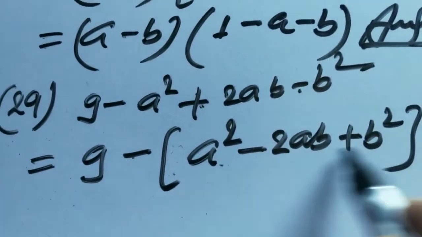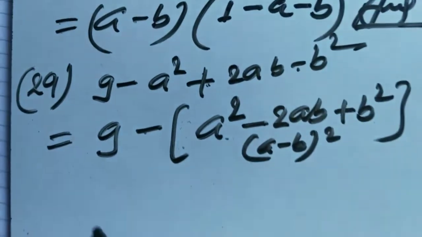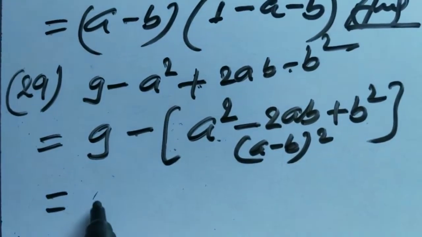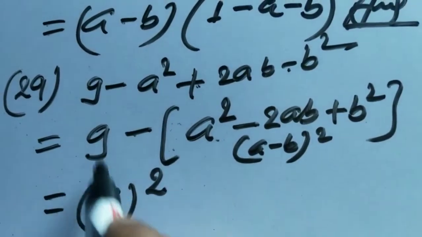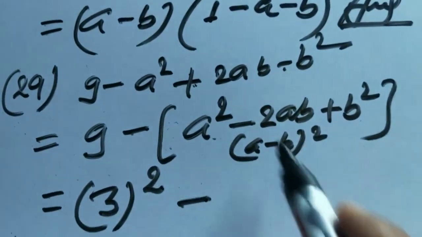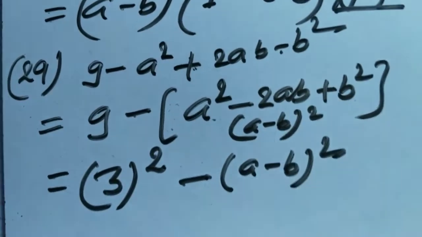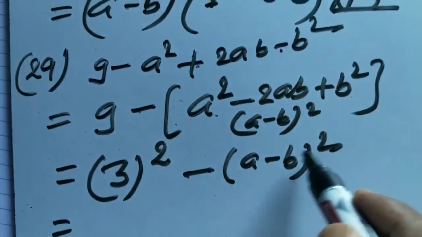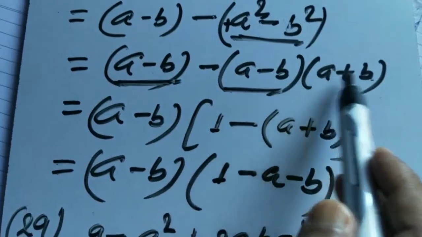You know that it is an identity whose value is a minus b the whole square. So it will become 9, and 9 can be written as 3 the whole square, 9 is the square of 3, and minus a minus b the whole square. Now this is the identity a square minus b square, which is a minus b, a plus b.